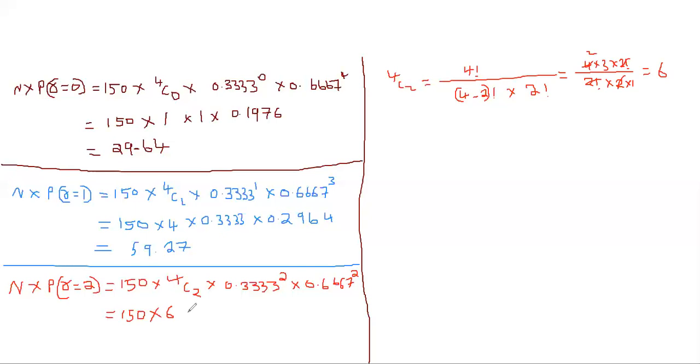Okay, into 0.3333 raised to the power of 2. That is 0.3333 into 0.3333 is equal to 0.1111.